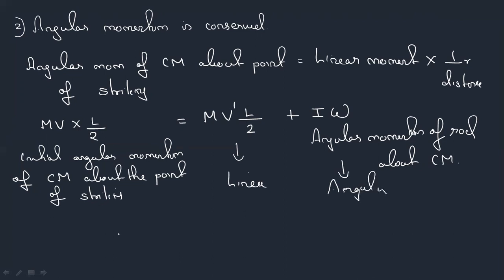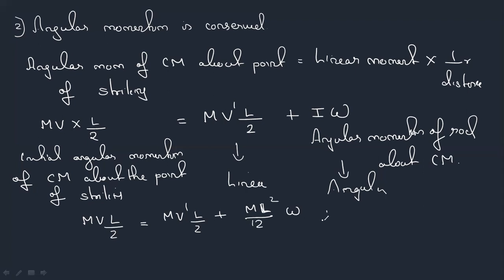Substituting the value of I, we get m v L by 2 is equal to m v dash L by 2 plus m L square by 12 into omega.